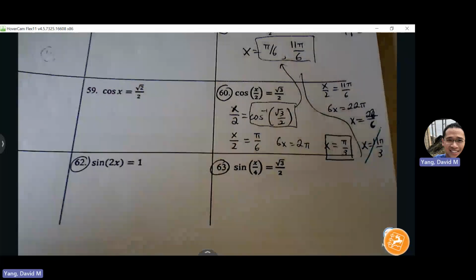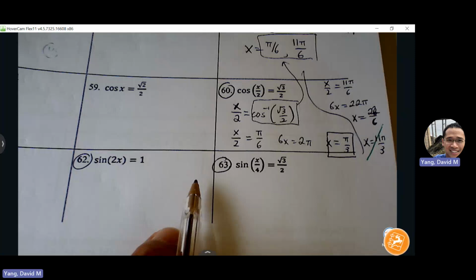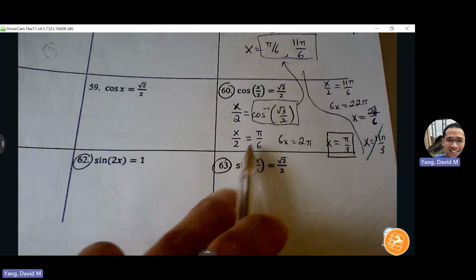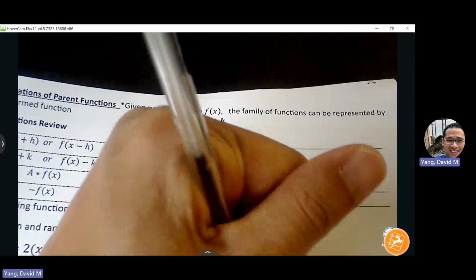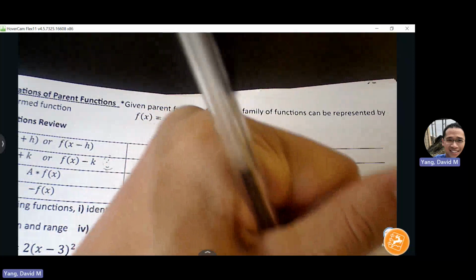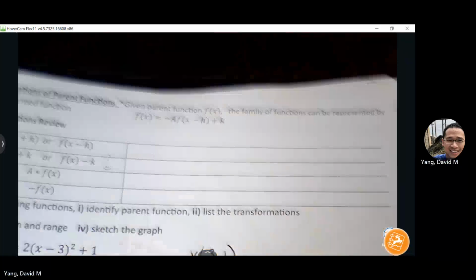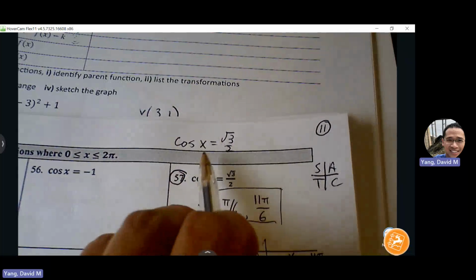So inverse cosine of root 3 over 2. So if I had cosine of x is equal to root 3 over 2, we know that x will be equal to pi over 6.